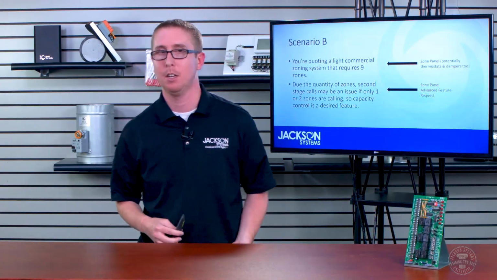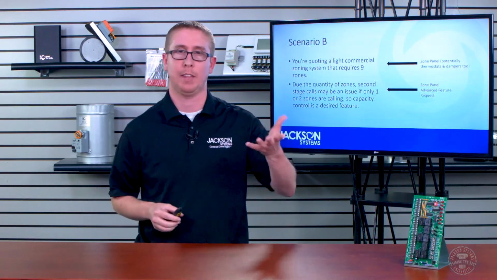Another beautiful thing about the ESP is that you can turn the ESP function on and off on a per zone basis. So if you choose a dump zone because you don't ever want airflow leaking into the master bedroom, that's perfectly acceptable. You would just use an ESP panel, make zone 2 the master bedroom, and have the ESP feature off on that one zone, so zone 2 never leaks air.